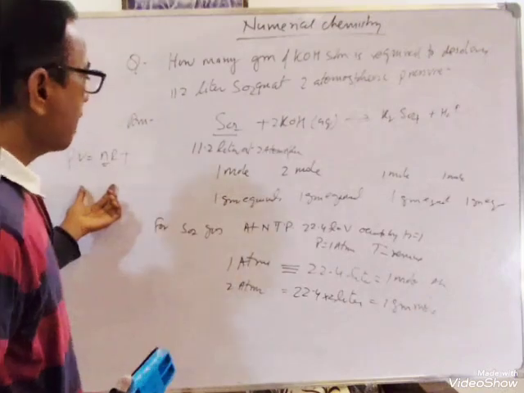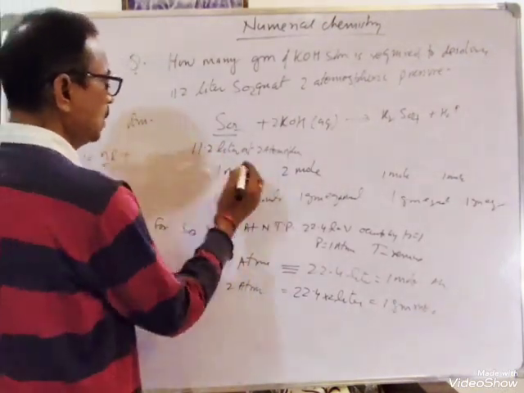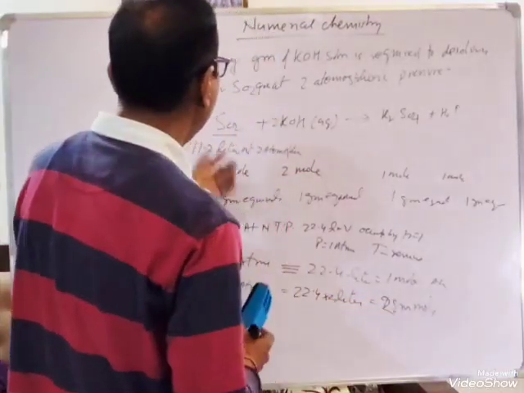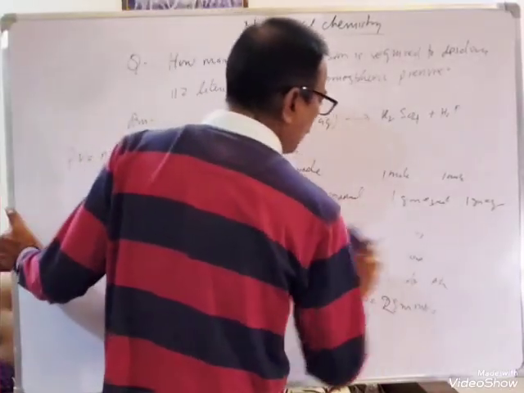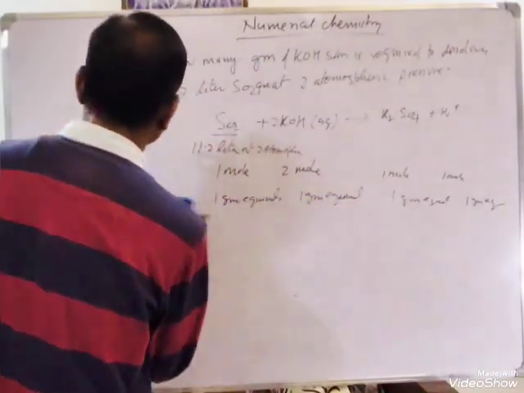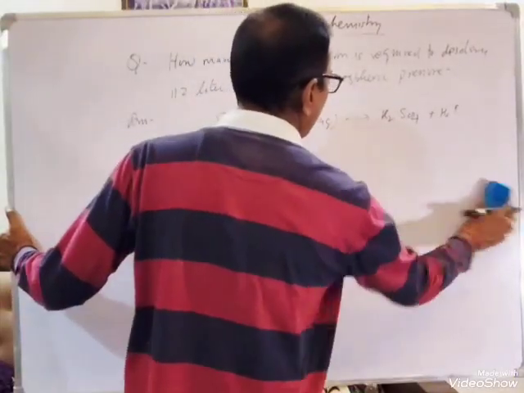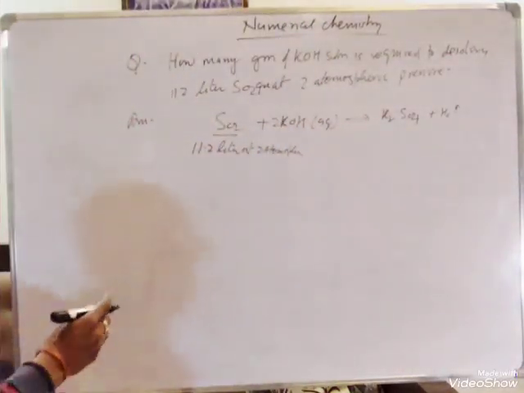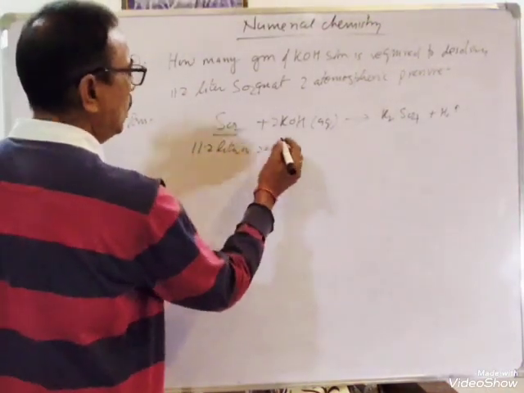So the 22.4 liter at 1 atmosphere is 1 mole, and at double pressure the mole is 2. You can see here 11.2 liter at 2 atmosphere.